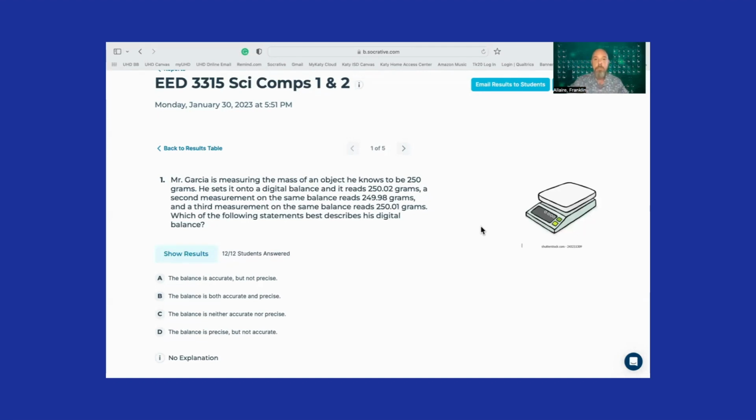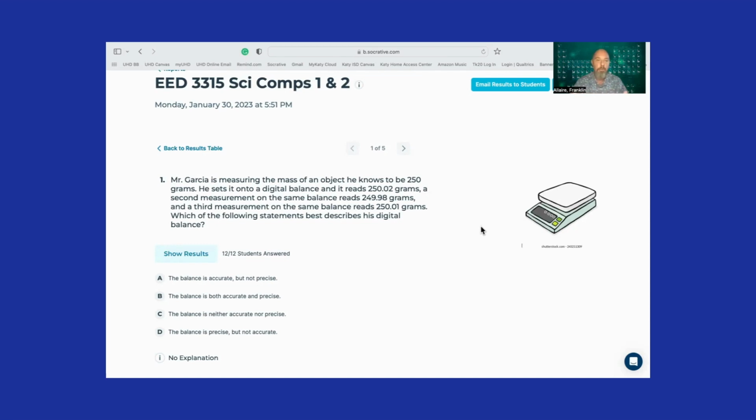Just a housekeeping item: what you see on your screen as far as the look of things is a little different from what you saw when you took your quiz. That's because this semester, I am administering the quizzes through Canvas. However, what you're looking at is the quiz on a different program called Socrative.